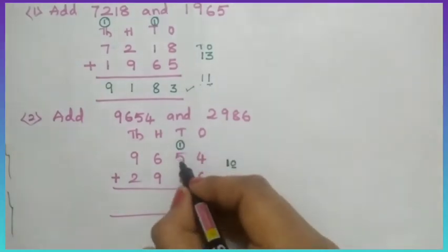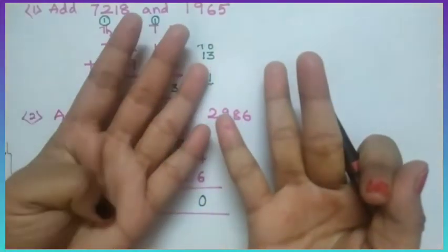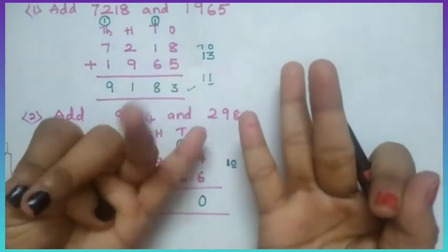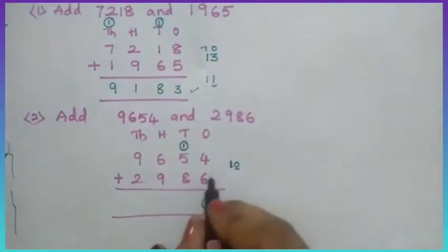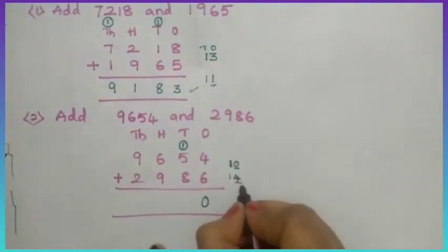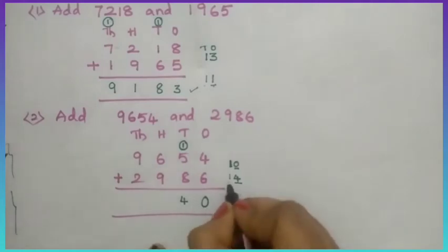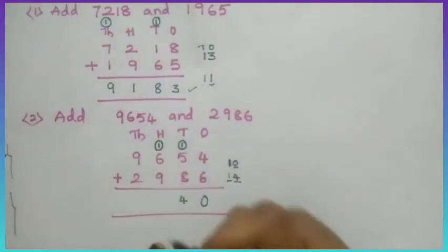1 plus 5, 6. 6 plus 8, keep 8 and count 7, 8, 9, 10, 11, 12, 13, 14. So 14 is also a 2-digit number. Write 4 here, and the digit in the tens place is taken as carry to the hundreds place.